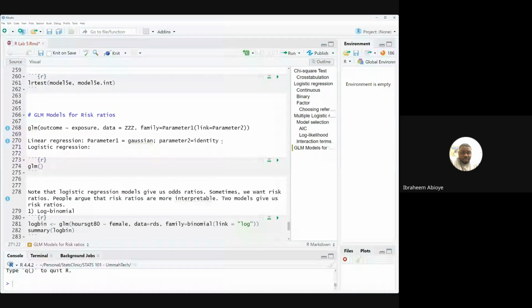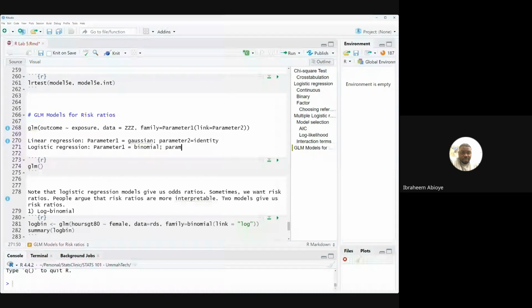For logistic regression, parameter 1 is binomial. And it's binomial because the outcome is a 0 or 1 outcome, right? That's why I said you must always code the outcome as 0 or 1. Okay, so parameter 1 is binomial. It's saying to R that you expect an outcome that is 0 or 1. Okay.